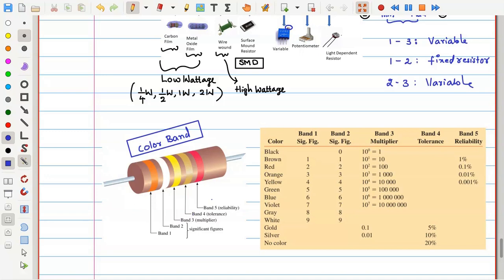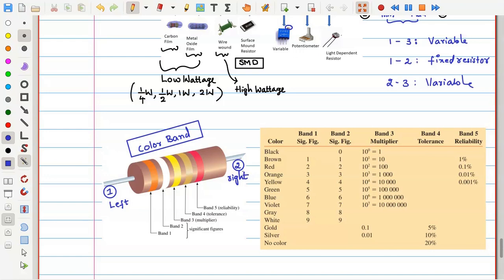Once you understand the 5 band pattern, you can understand each of the things. Now see here. From one of the sides, I will tell you from which side. From left to right, you should place the resistor in this way, and take this as terminal 1, this as terminal 2. So this I will sometimes call left, this I will call right.